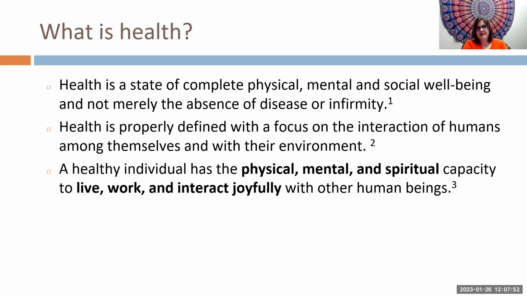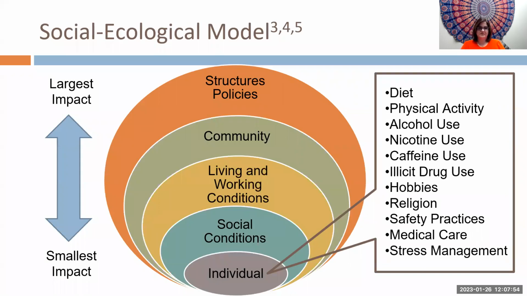Applying a more holistic definition of health and using the socio-ecological model, you can see that a complete definition of health and health behavior change includes several different layers or components at which an individual may interact with their environment and with others.